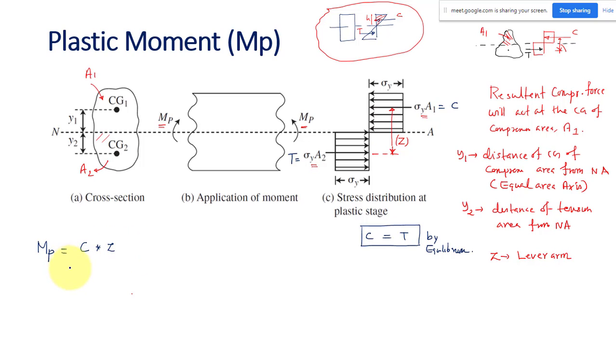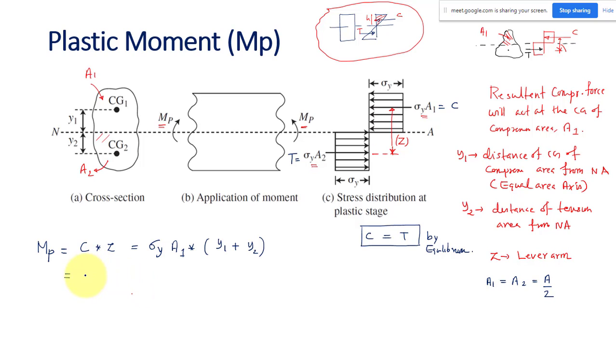What is the compressive force? That is sigma y into A1. What is the lever arm? That is y1 plus y2. So what is the value of A1? We can say that A1 is equal to A2, which is equal to A by 2.